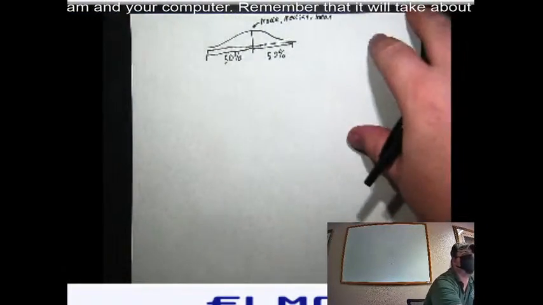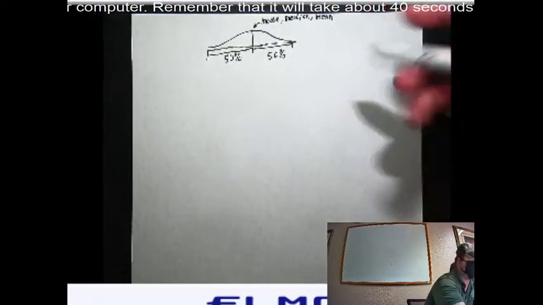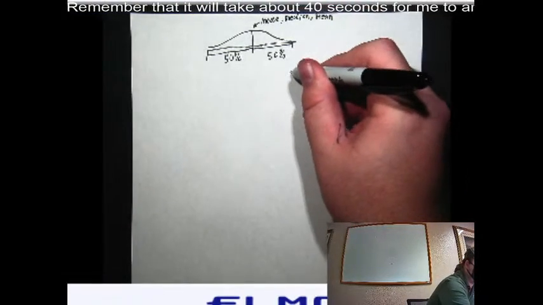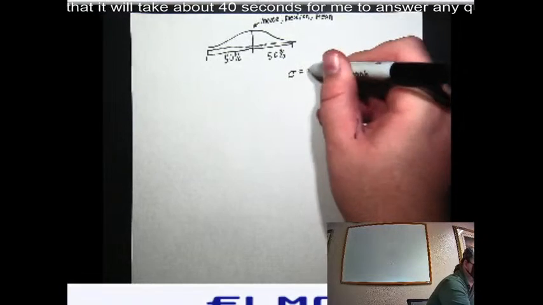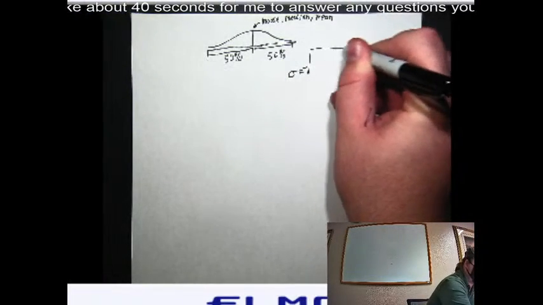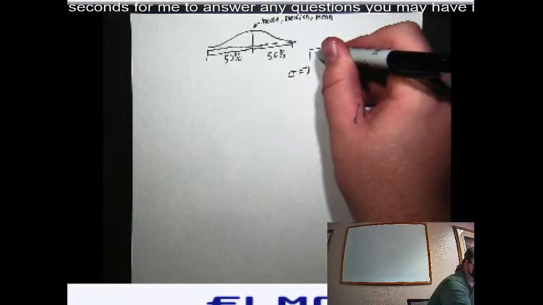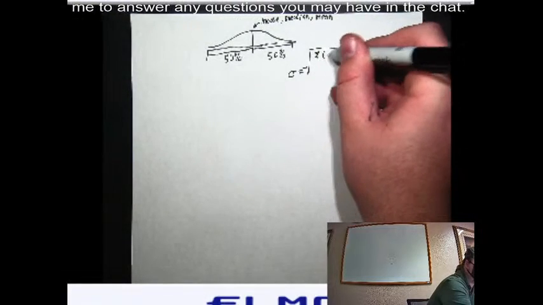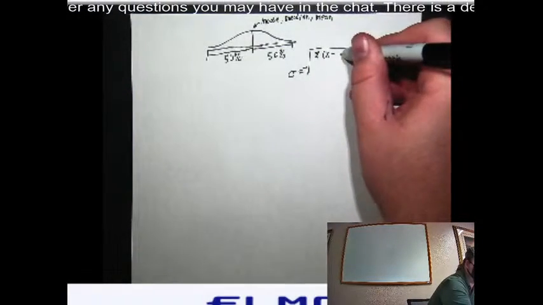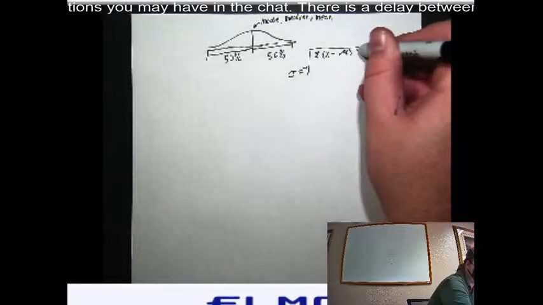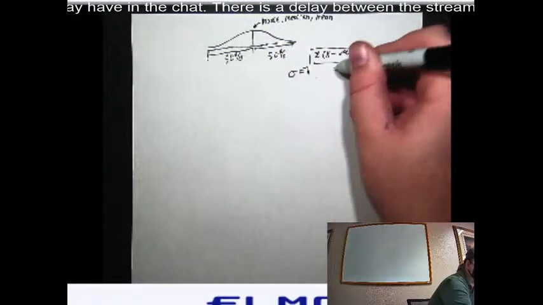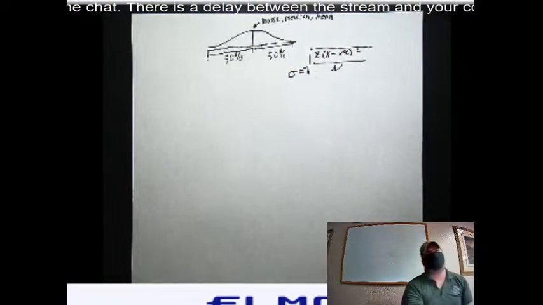And to do that, we have standard deviations. Remember that standard deviation is equal to the square root of variance, which is the sum of all x values minus the mean squared divided by n, the number of data points we have.